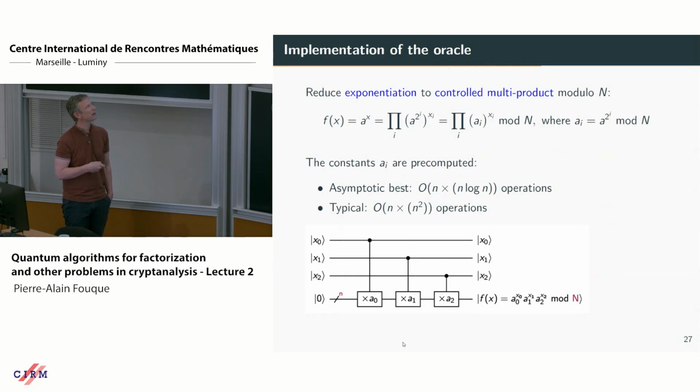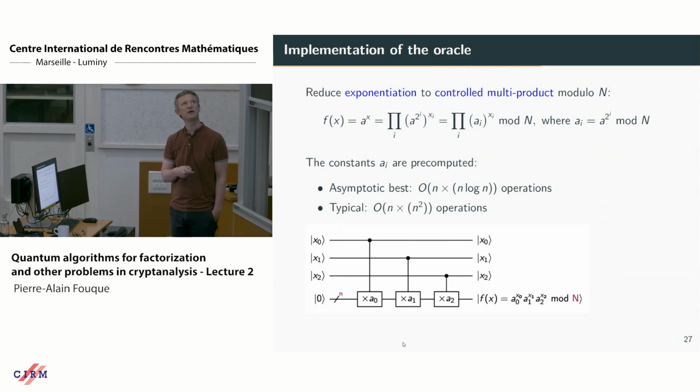Here I have a to some sum of values, remember that xi is just 0 or 1. And this sum in the exponent I can replace by the product over i of all of these terms, where I call a to the 2^i mod n.